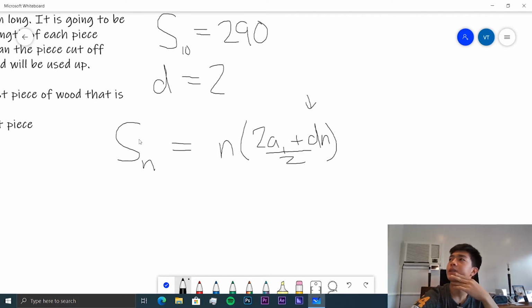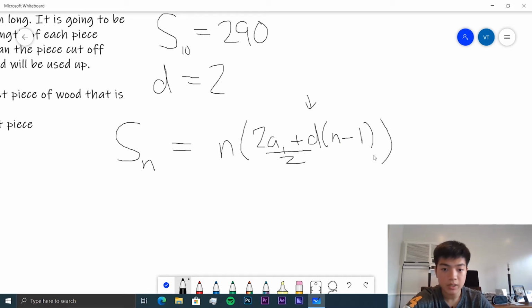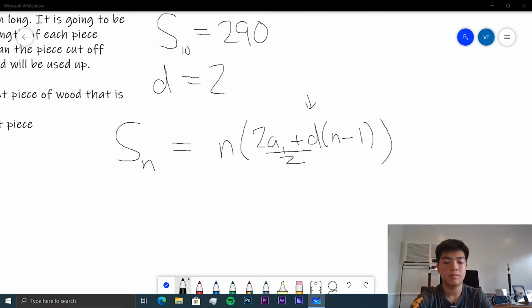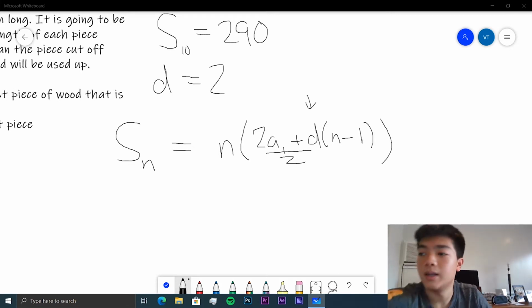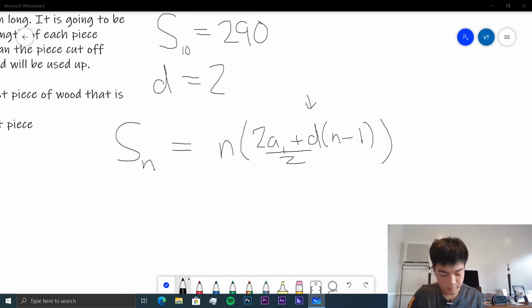Am I being silly? This should be d times n minus 1 over 2, the average of first term and last term, times n. Yep, 1/2 and 2a, yep.